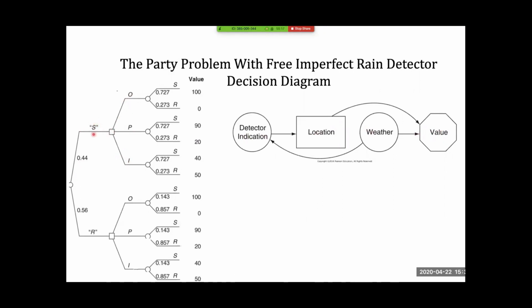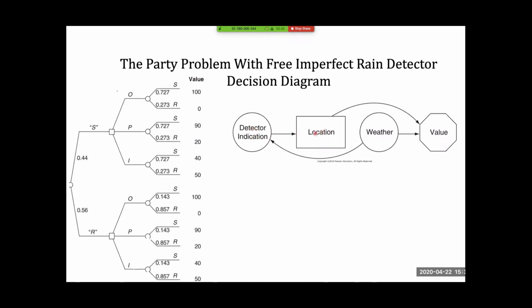So that is why we have an arrow from the detector's message to the party location, to represent the fact that when Kim decides where to have the party, she has observed what the detector's indication is for sure.